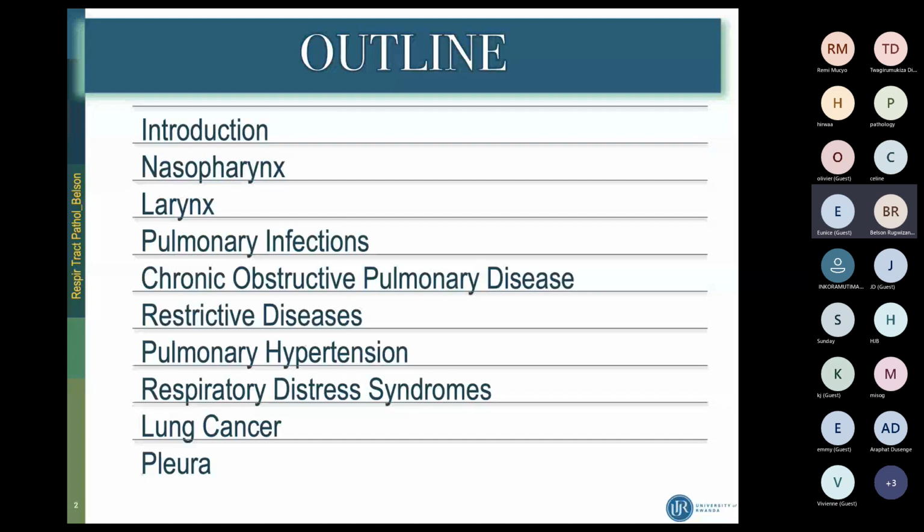So I have tried to make sure the presentation is as comprehensive as possible and well made, covering molecular things, clinical things, radiological things, because dealing with lungs, you cannot escape imaging.